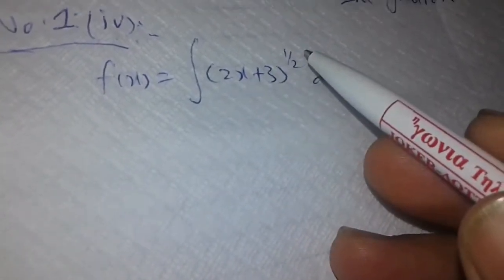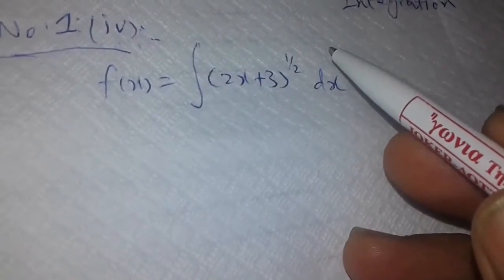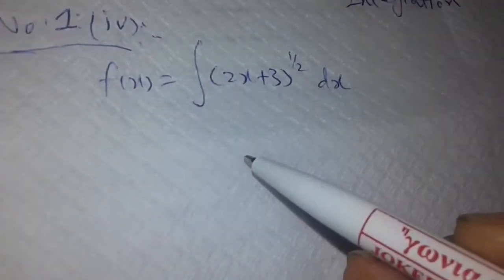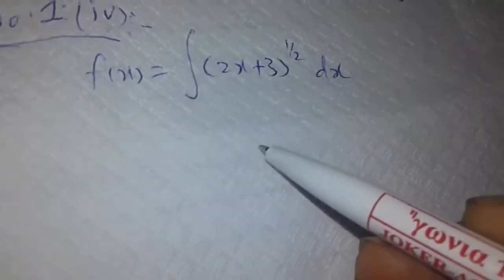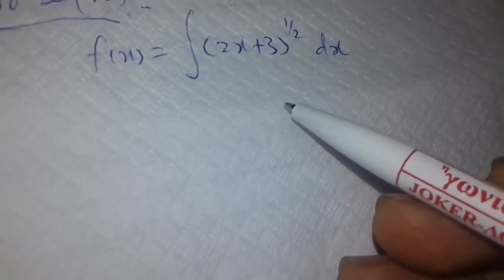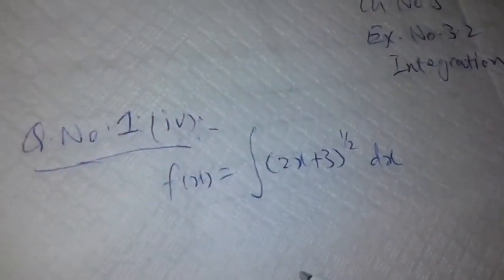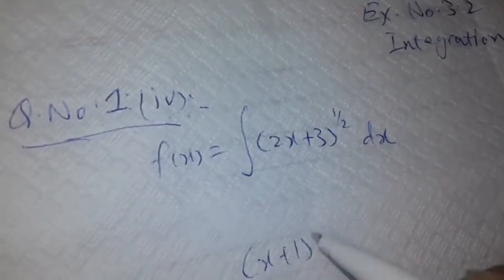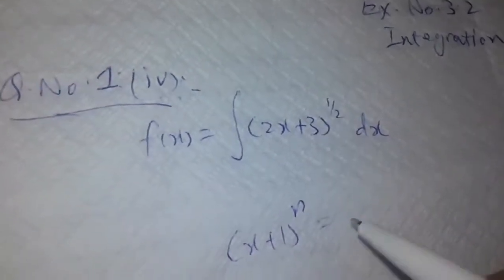We add plus 1 in the power and we divide it by the same new power, multiplied by the derivative of the function. Let's suppose we have (ax + b)^n.